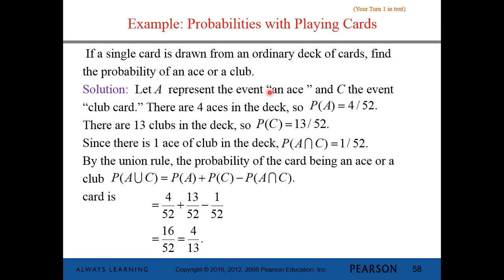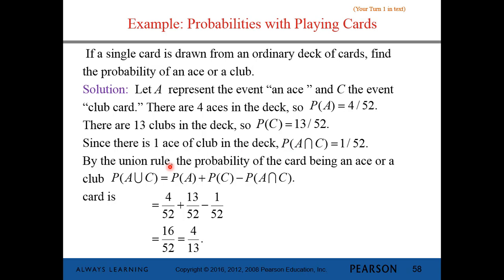Let A represent the event of getting an ace, and let C represent the event of getting a club. There are 4 aces in a deck, so the probability of getting an ace is 4 out of 52. There are 13 clubs in a deck, so the probability of getting a club is 13 out of 52. Since there is one ace of clubs in the deck, the probability of getting an ace and a club is 1 out of 52.